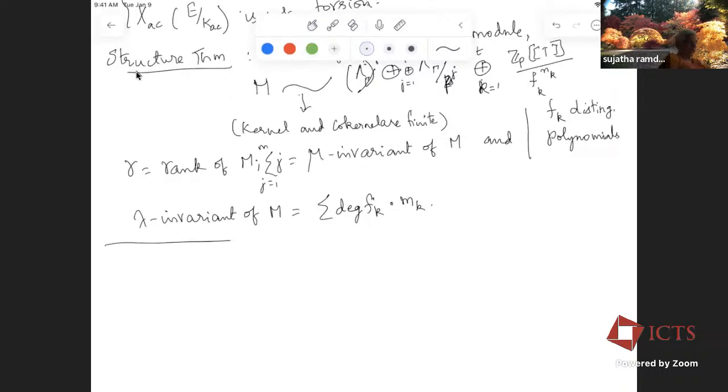And in the supersingular case, what happens? We know that the Selmer group, dual Selmer, is not torsion.